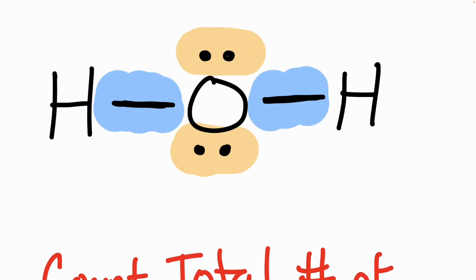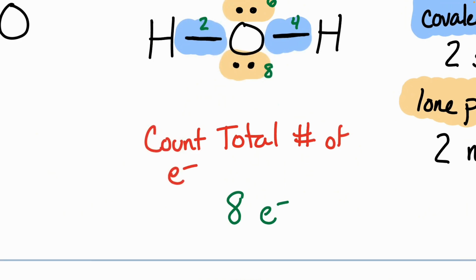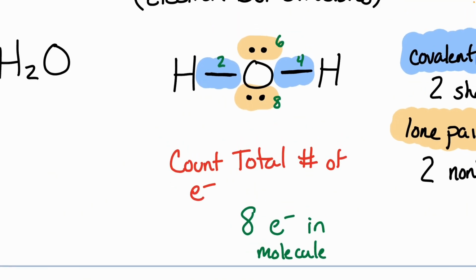If each one of these bonds represents 2 electrons, that means I have 4 covalent bond electrons. And then I have 2 lone pairs, so that's 6, 8. So I have a total of 8 electrons in this molecule. When you're drawing a Lewis structure, making sure you have the correct number of electrons is step 1 to getting the answer correctly. So we need to be able to look at these structures and determine how many electrons we see.